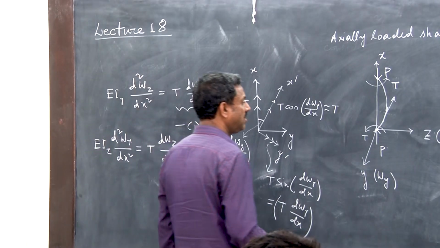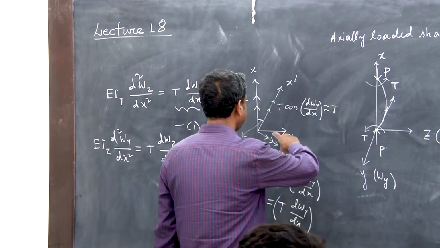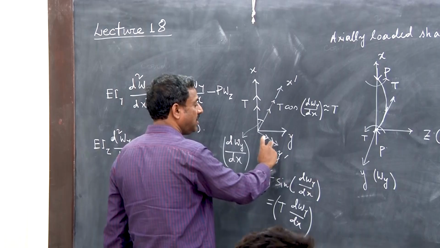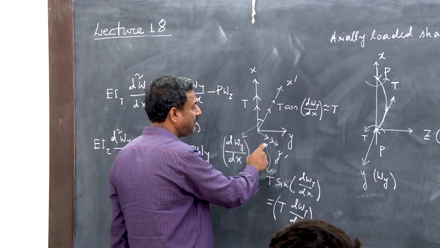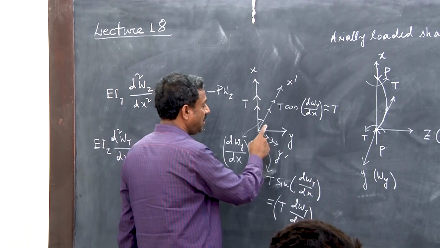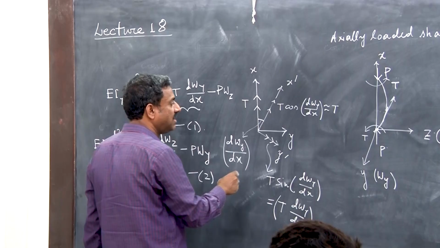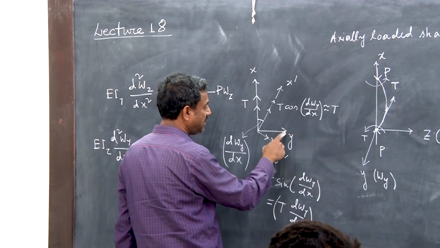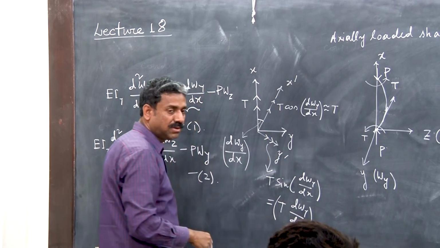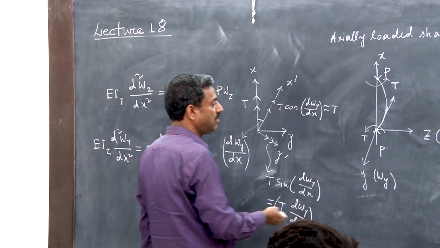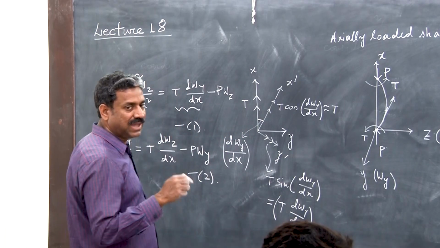In one case, if the bending moment is along the positive y axis, then when you are projecting along xz, it will be along the negative.